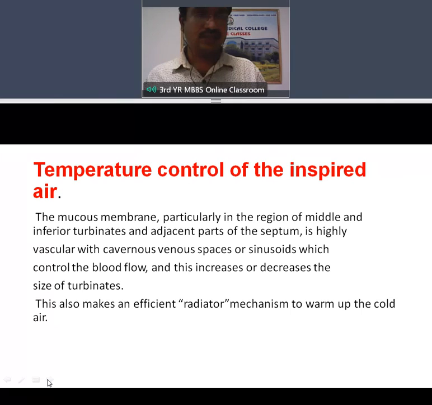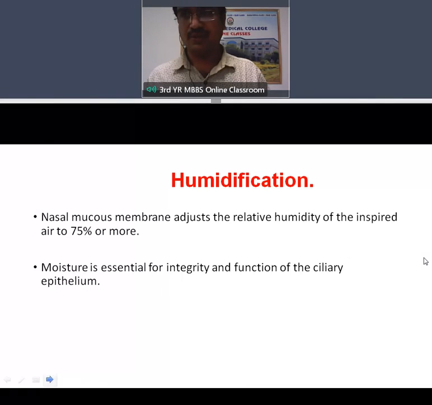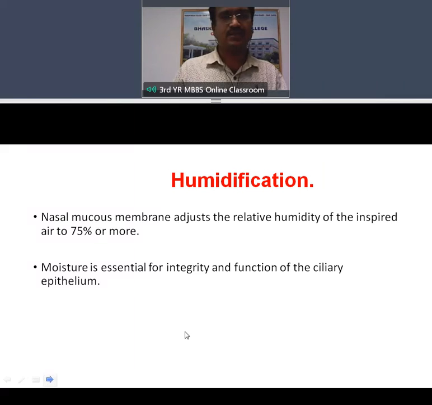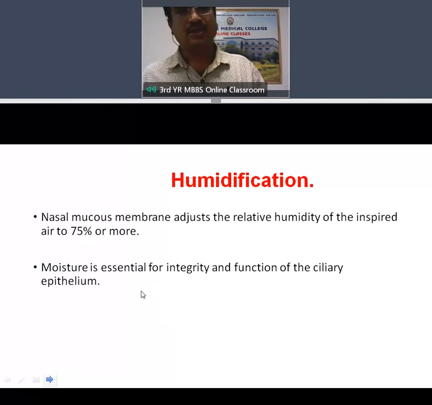So the third one is humidification of the inspired air. Both temperature control and humidification are simultaneously carried out by the nasal cavities. The nasal mucous membrane adjusts the relative humidity of the inspired air to 75% or more.